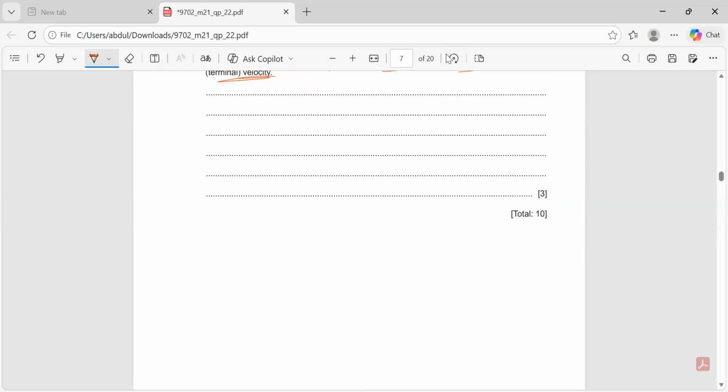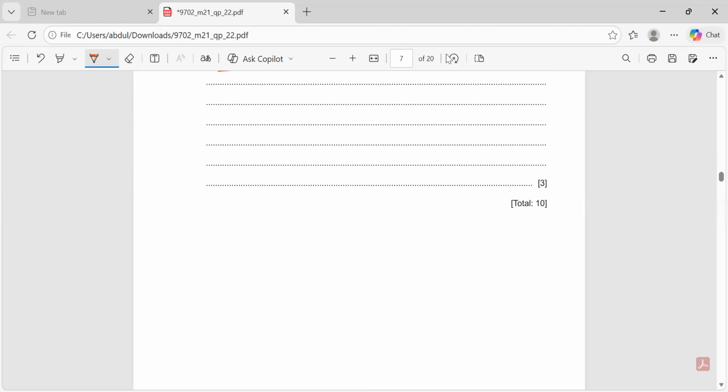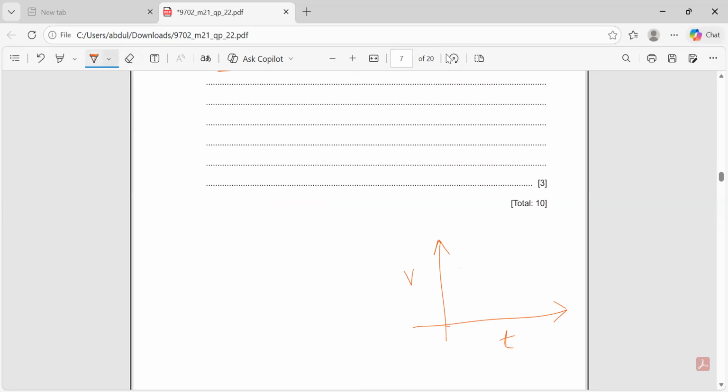My dear friends, if you remember the graph of a falling body, with velocity on one axis and time on the other, the graph is something like this. Initially there is constant acceleration, then the acceleration starts to decrease and ultimately it becomes constant.